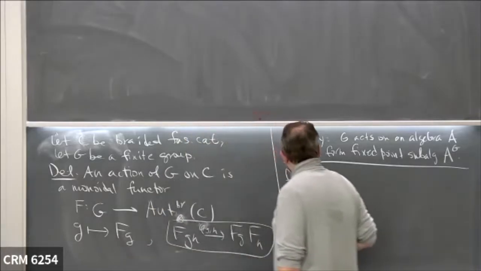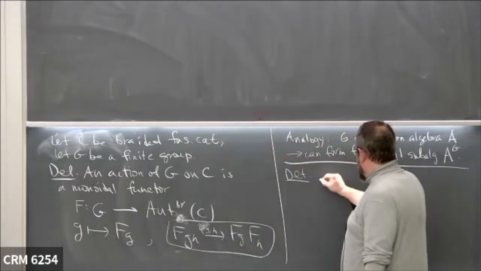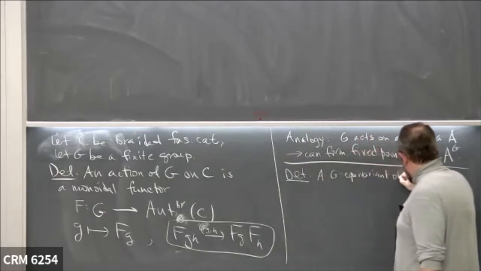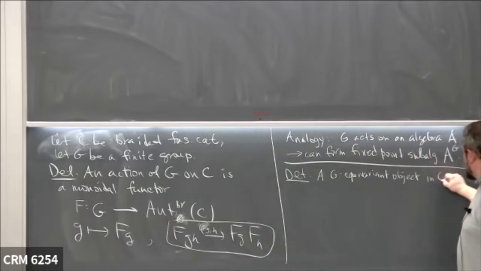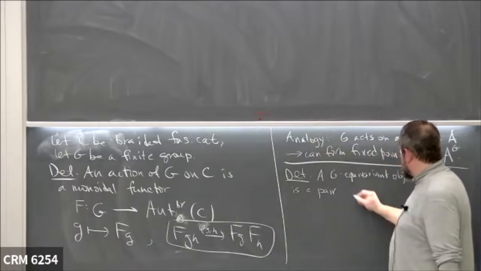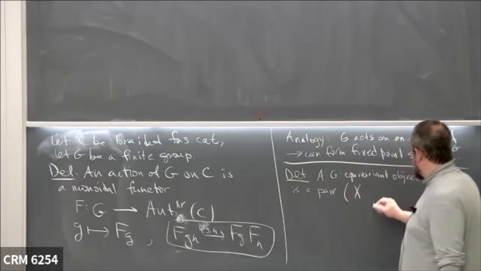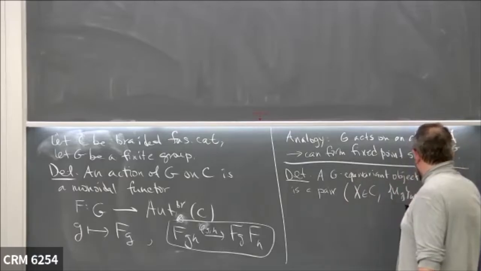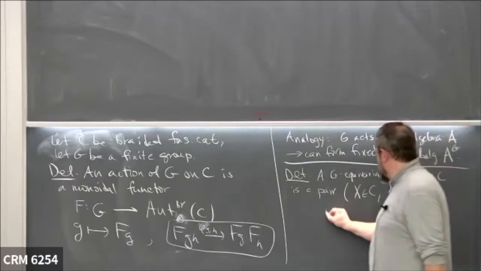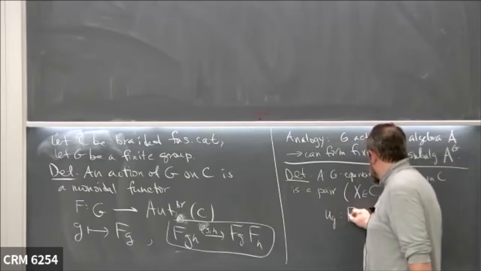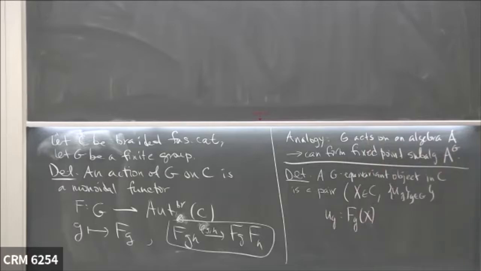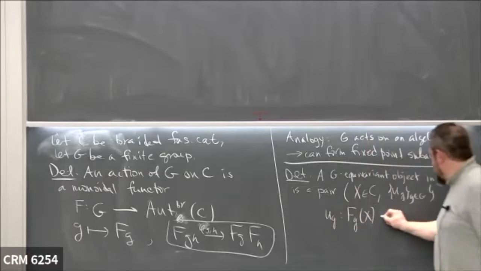In this setting, a G-equivariant object in C, where C comes with the action that I described, is a pair consisting of an object X in C and a natural family of isomorphisms, which I denote u_g, between the image of X under the equivalence F_g and X itself.